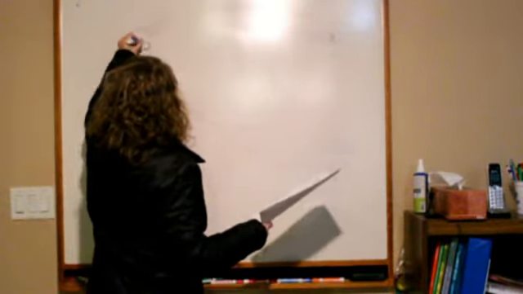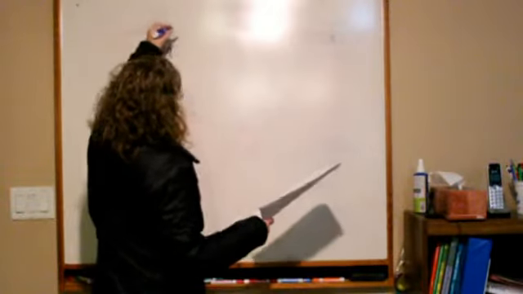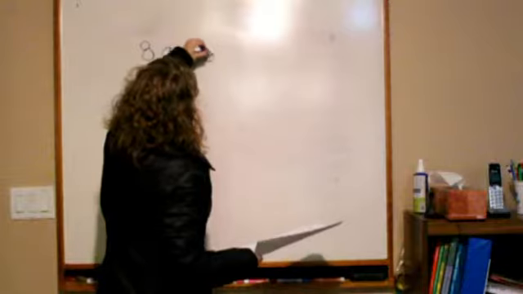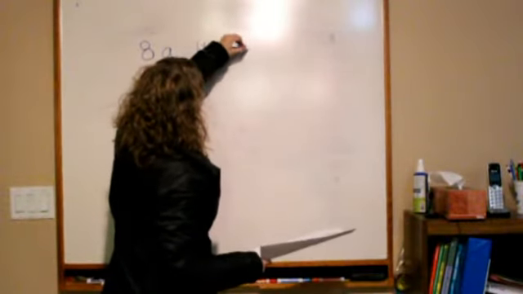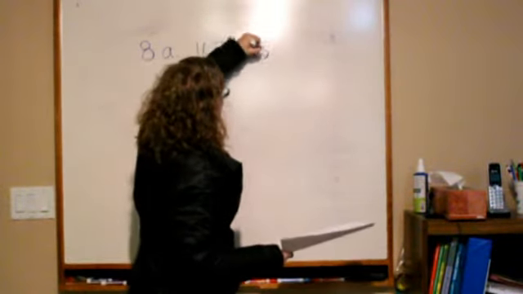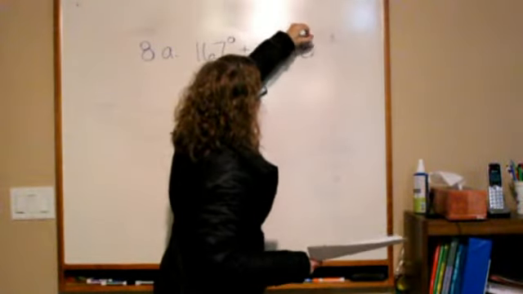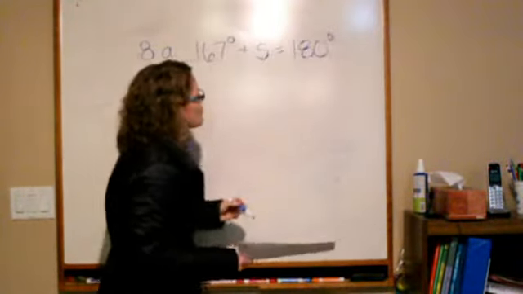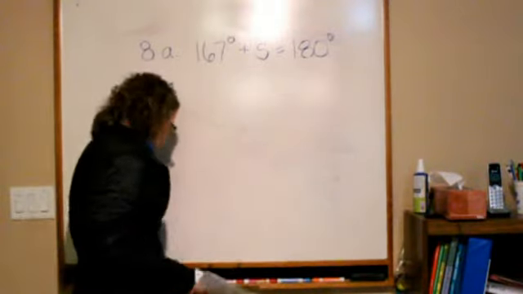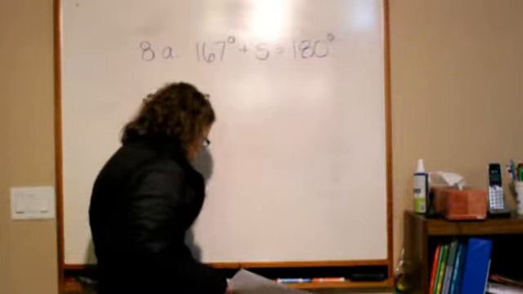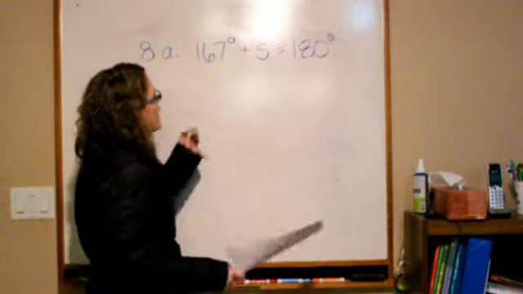So 8A is, I'll say, 167 degrees plus the supplemental angle equals what? 180, because that is the rule that they told us a while ago. So now they want us to use algebra in order to figure out what the S equals.